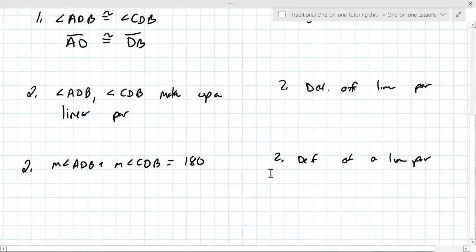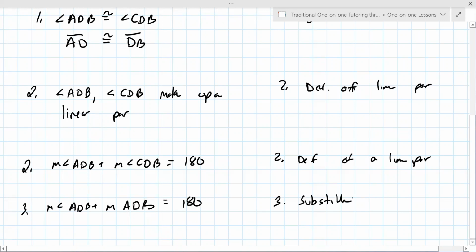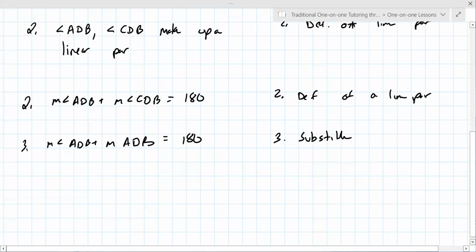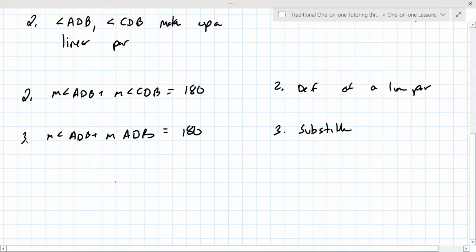So now, since you know that ADB is congruent to CDB, you can just substitute that in. You can say, all right, well, measure of angle ADB plus measure of angle ADB equals 180. And that's substitution. Okay. All right, so the next step here is to solve.